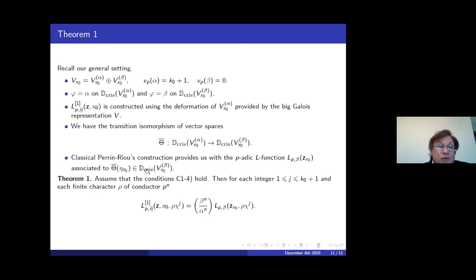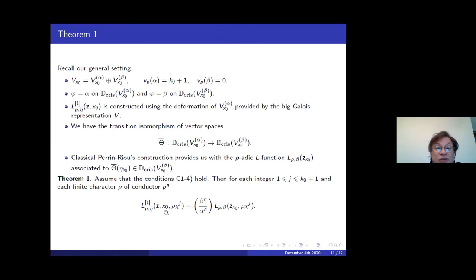Then our main result says that in the critical strip, our P-Adic L-function satisfies the following interpolation property.